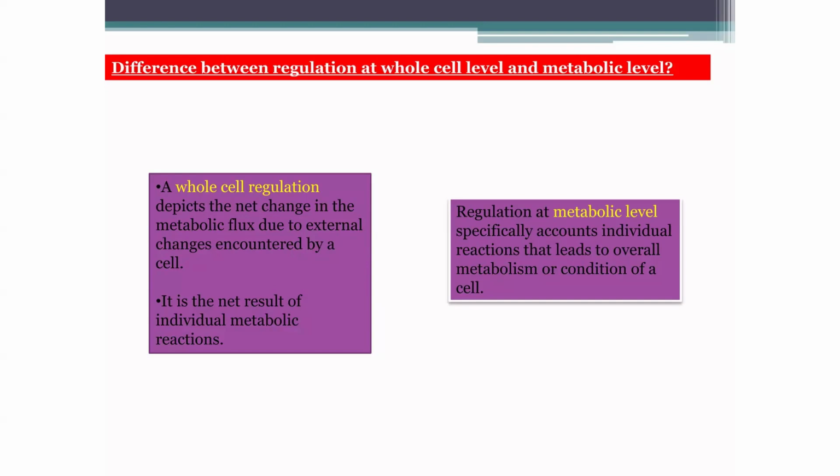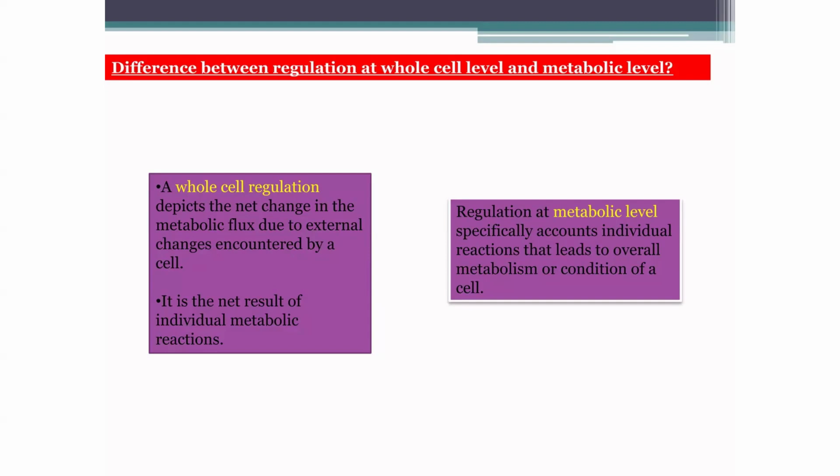So it means that if you change the activity of these 3 enzymes, because they are the control points, you change the activity of that particular glycolytic pathway. So with these 3 points, you can increase the rate of glycolysis in a cell, and you can also decrease the rate of glycolysis in a cell.